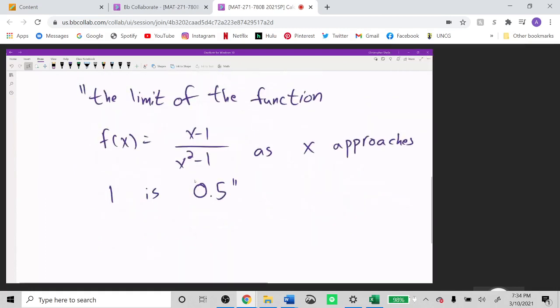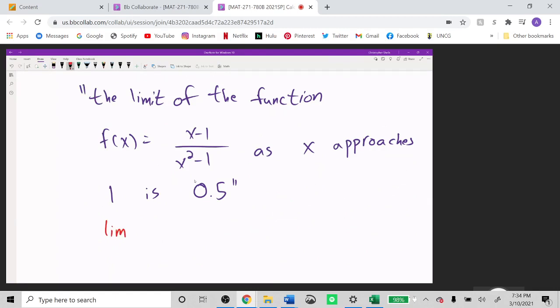And we express this notationally in this way. Let me choose a different color just for the contrast here. I'll go with red. Orange is too bright.